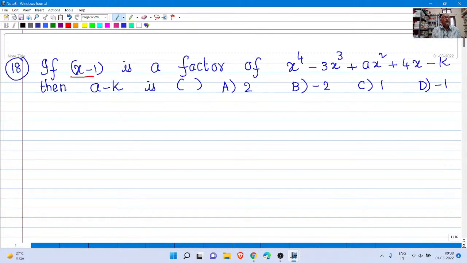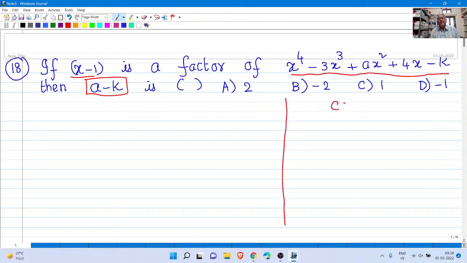See, x minus 1 is a factor of x to the power of 4 minus 3x cube plus ax square plus 4x minus k. Then we need to find out a minus k. So that means we need to use the factor theorem. Factor theorem is the concept here. What does the factor theorem state?